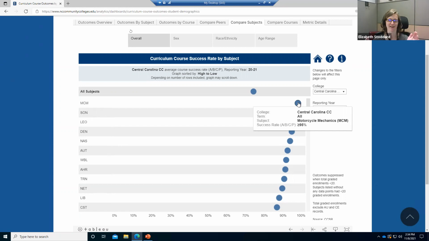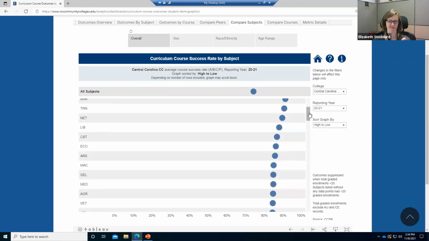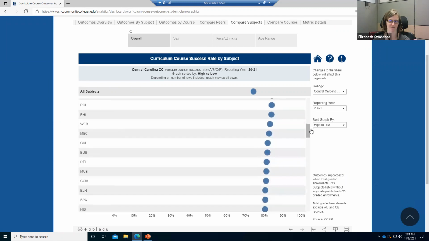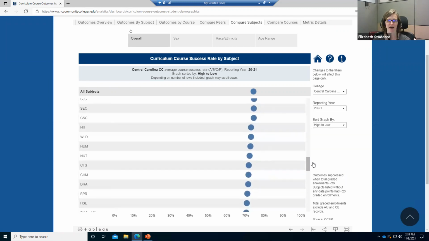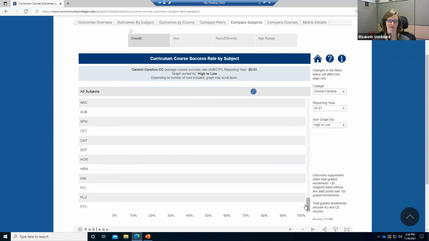That's another one of our privacy measures: if a data point is greater than or equal to 95%, we don't show the actual number, we just show greater than or equal to 95%, which is what you're seeing. But in any case, that was the subject with the highest success rate. Then you can scroll down the list and see where all of your other subjects fall. And like I said before, the ones at the very bottom here are subjects that were offered but had fewer than 20 enrollments.